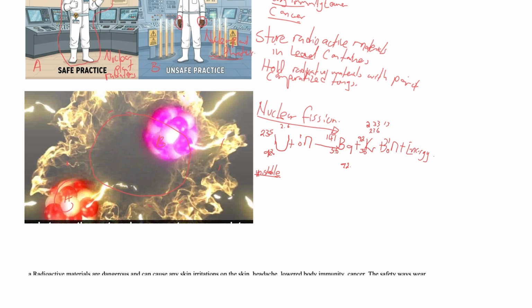Now this is nuclear fission. We can conclude by saying a nuclear fission is simply a nuclear reaction where a heavy unstable nucleus splits into 2 stable nuclei with release of energy.